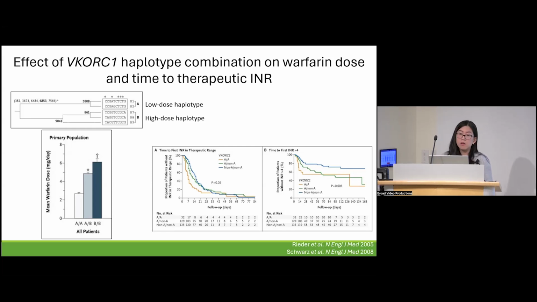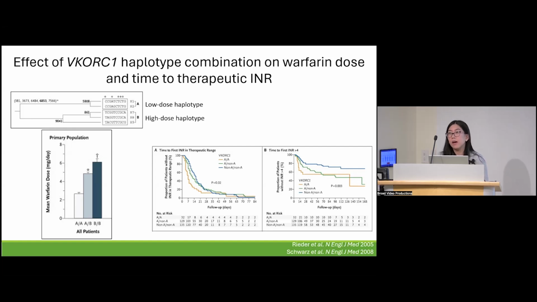Based on these studies, a number of warfarin dosing algorithms have been produced to help guide the choice of dose to hit that narrow therapeutic window based on these haplotypes. But as with a lot of genetic studies, many of these were developed in European populations.